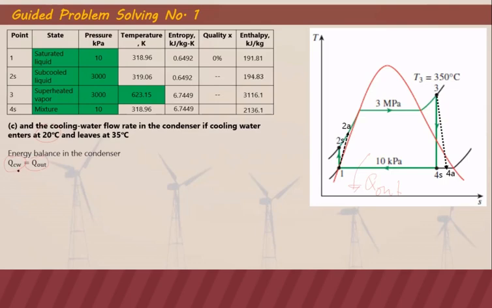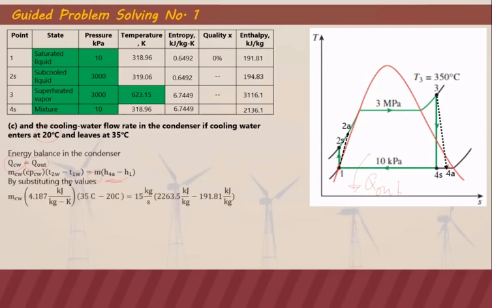So for the heat absorbed by the cooling water, we can write that as mass of the cooling water times the specific heat times the delta T of the cooling water, and that is equal to the heat rejected by the condenser, which is equal to mass flow rate times the change of enthalpy across the condenser, that is H4A minus H1. So that's why we have this one here.